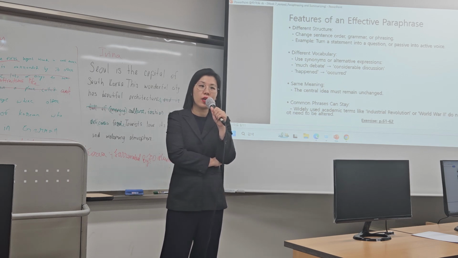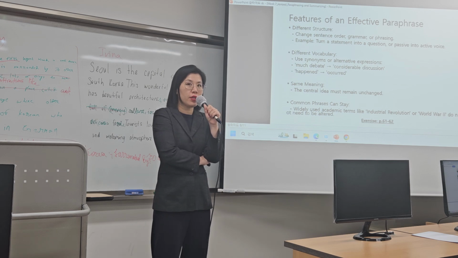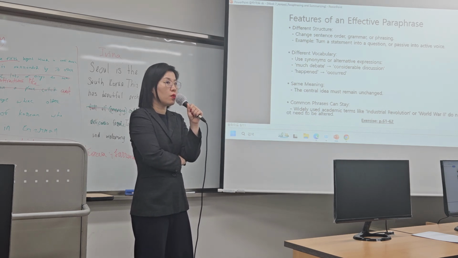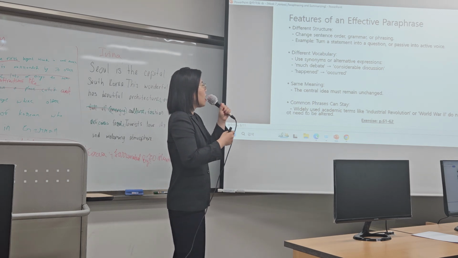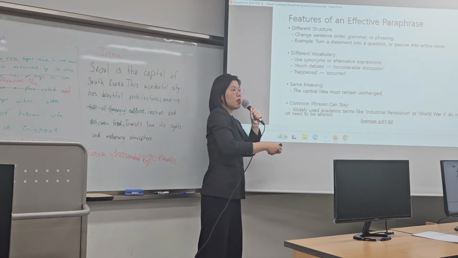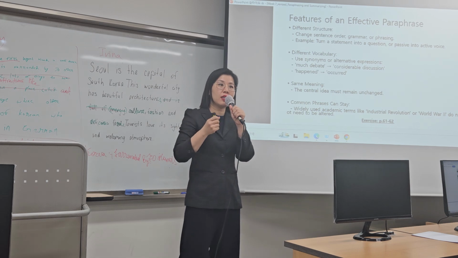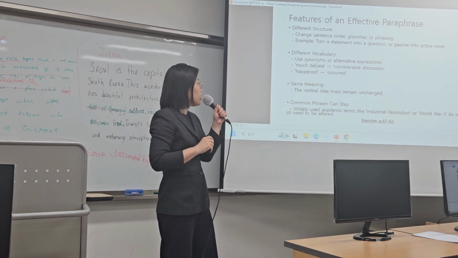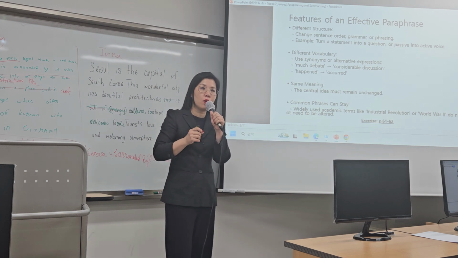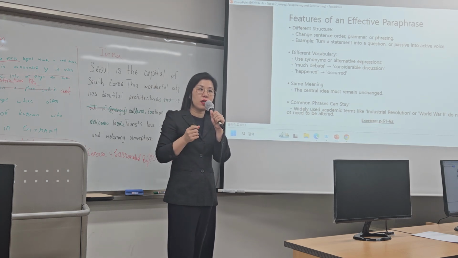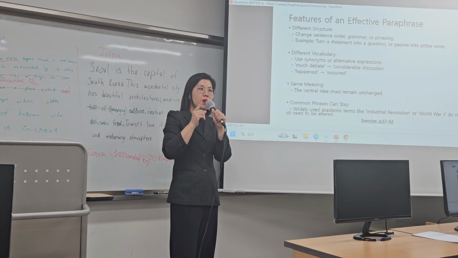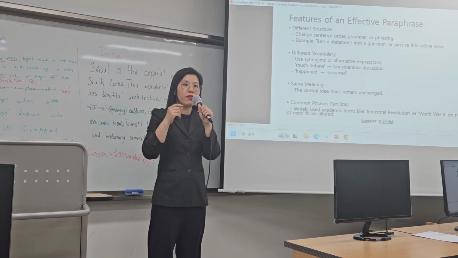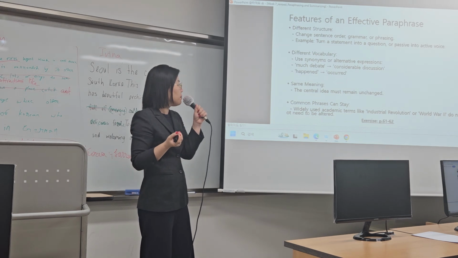That way, you can retain the meaning but change the structure of the sentence to paraphrase. And also, if you know a lot of synonyms, you can insert them into the phrases or the sentences. That way, you can paraphrase as well. So it's important that you know various words to signify one phenomenon, one event, or one word, because you can make it into different expressions and it's easier to paraphrase.